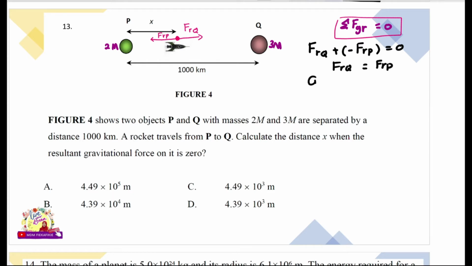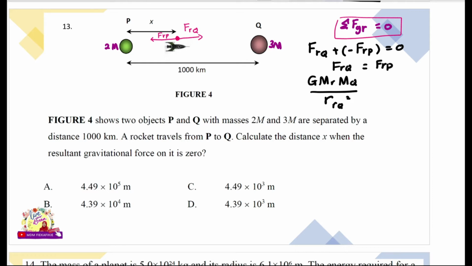So the formula is G, mass of the rocket times mass of object Q, divided by the distance between object Q and the rocket, R, the distance between R and Q, squared. R is the rocket. You can also make R capital if you want.